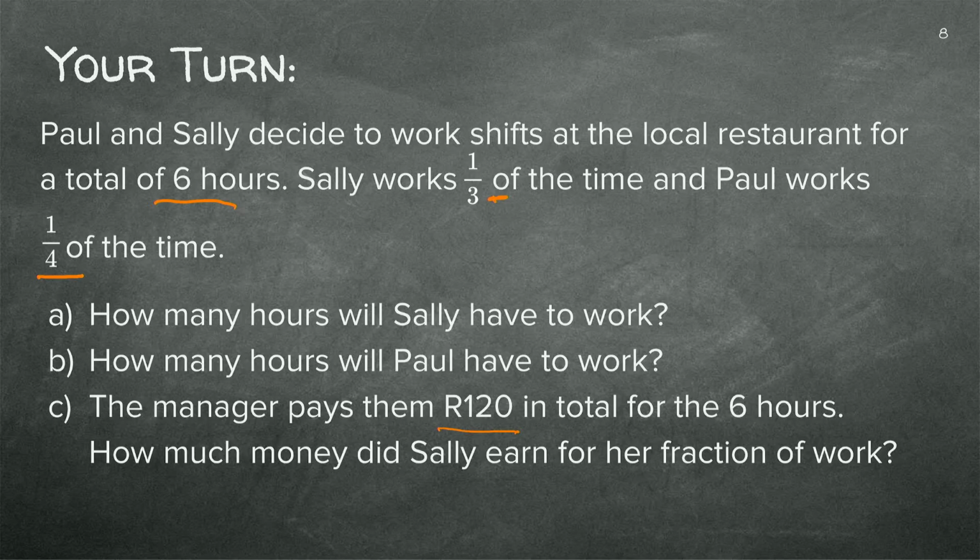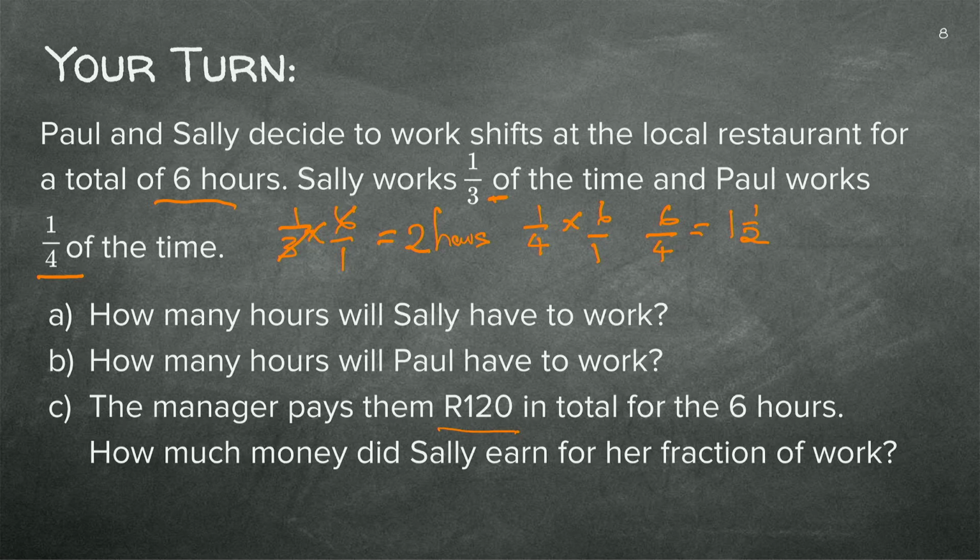Right. So how many hours will Sally have to work? Sally will have to work a third of the 6 hours, which, cross-cancelling, gives us 2 hours, right? 2 hours, just to remember what we're working with. And Paul is a quarter of 6 hours. So he's going to work 6/4, which, if we simplify it, is 1.5 hours.